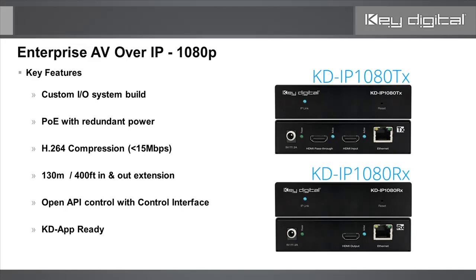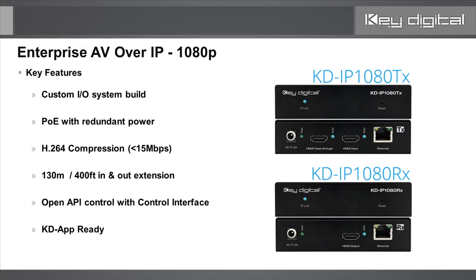These are extremely simplified products designed to meet the price point required for large bar restaurant jobs and digital signage distribution, but still giving you all the flexibility of video over IP. 5 volt 2 amp means 10 watts power consumption for PoE with redundant power connectors. This system utilizes H.264 compression, which makes it extremely minimal, 15 megabytes per second per video source.